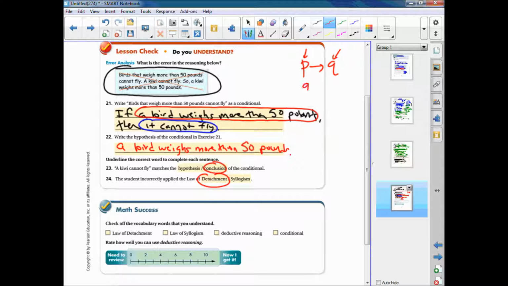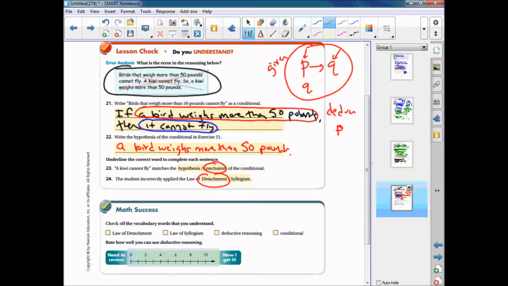And then they said, hey, a kiwi can't fly. So these were the given facts. And given these facts, they tried to deduce P, the hypothesis. You cannot deduce the hypothesis from a conclusion. You can only deduce the conclusion from the hypothesis. So this does not match the law of detachment. So it doesn't work for us.